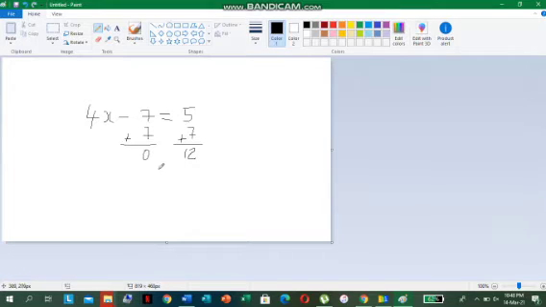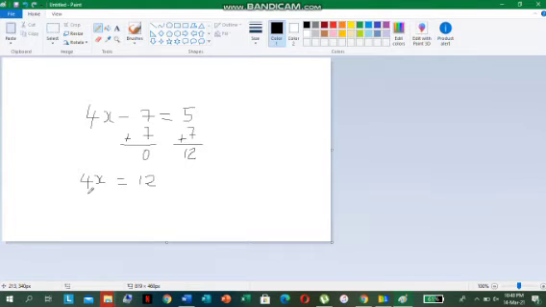So now we have 4x equal 12. That's what we left with, right? We're left with 4x equal 12. 4x equal 12. All right.